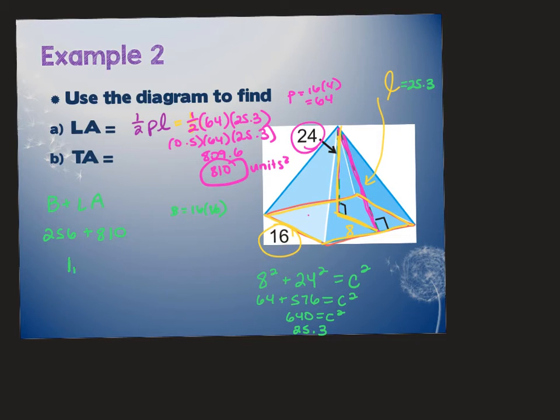And I get 1,066 units squared. So if they gave you the slant height and the side edge, you have everything you need. But if they give you the height, you have to use the Pythagorean theorem with half the edge and the height to find the slant height.